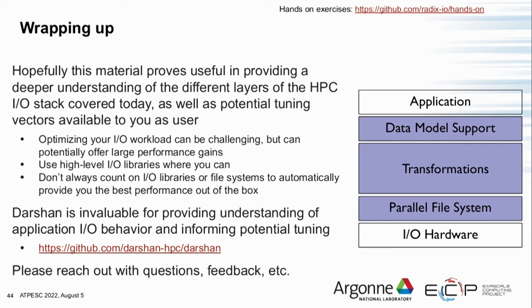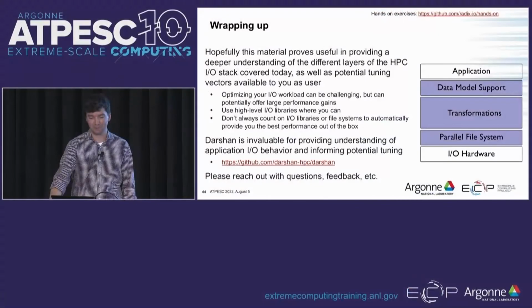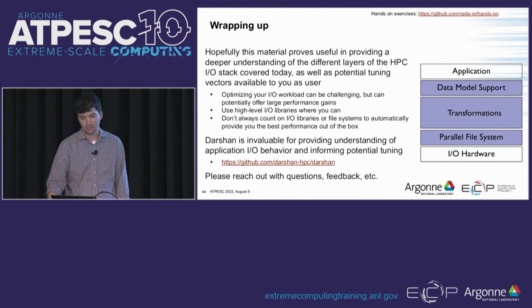I'll restate it again. Don't count on I/O libraries or file systems to give you the magic parameters to get the most performance every time. They can't be perfect for everything, so they often do require a little bit of thoughtfulness to get the most performance.